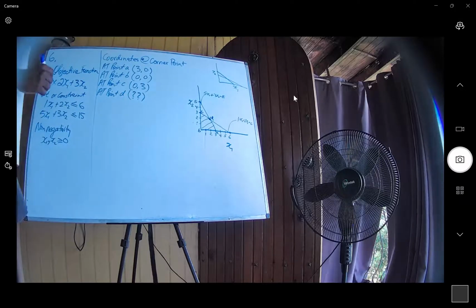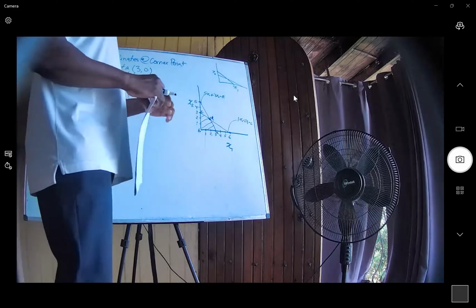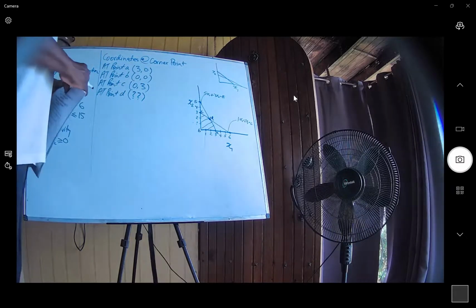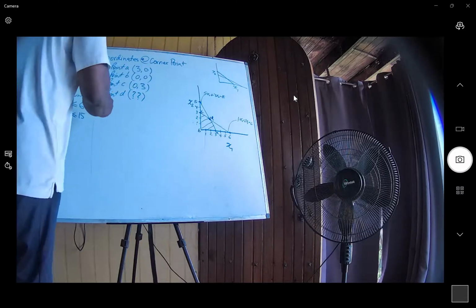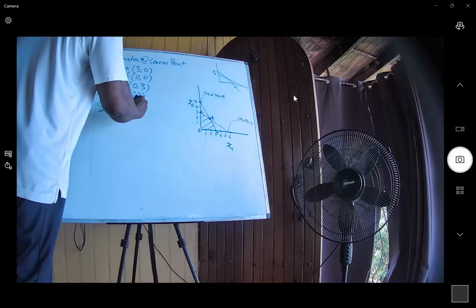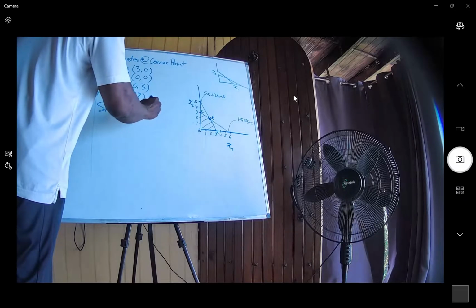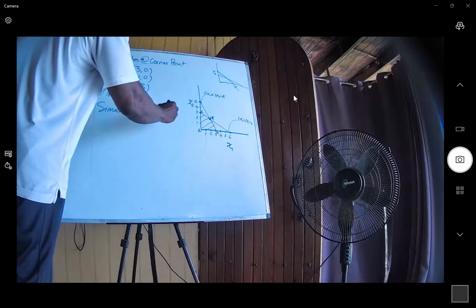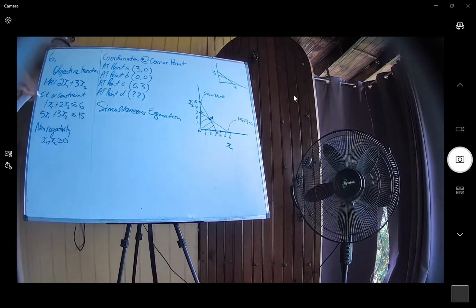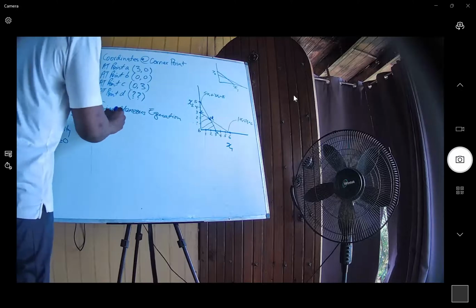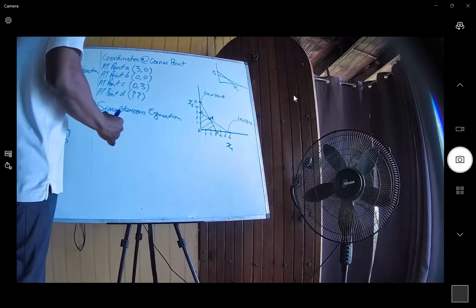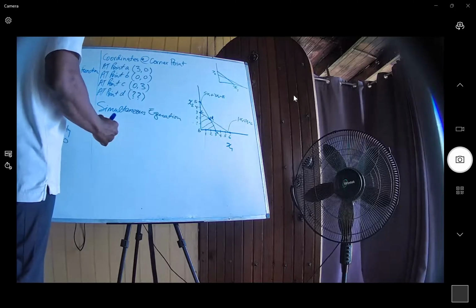You guys will remember in high school, when two lines intersect, you can solve for the two variables by doing simultaneous equations. So to find point D, we're going to do what's called simultaneous equations. To do simultaneous equations, you write each equation down and you subtract one from the other, isolating one of the variables.